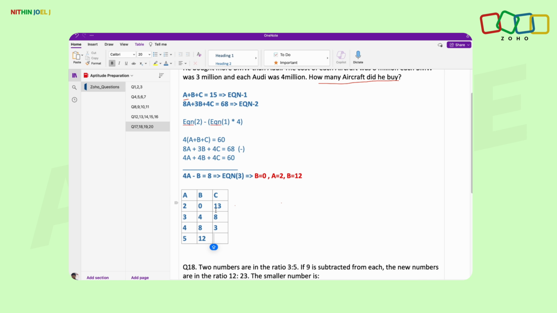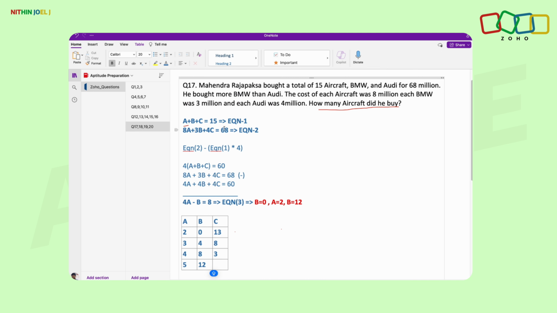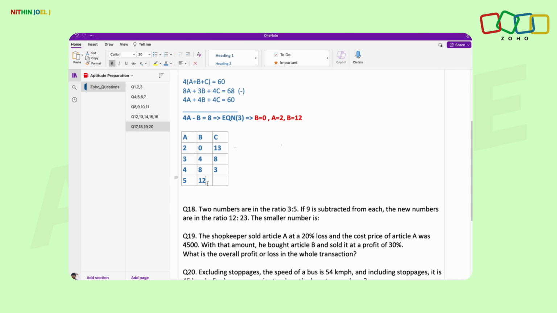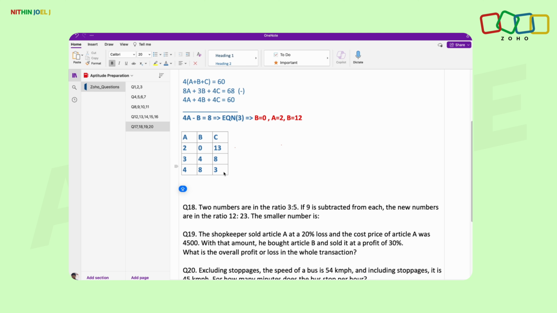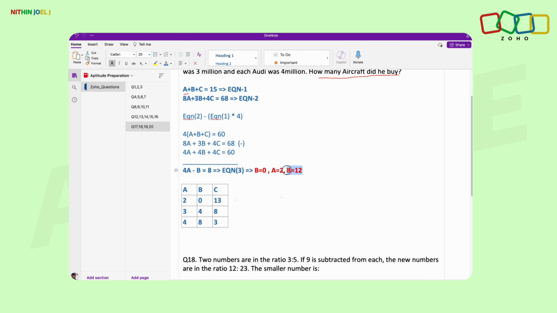But here 12 plus 5 gives an answer which exceeds 15. So we can stop our iteration at the previous step. Since B is equal to 12 gives a value more than 15, we are just stopping over here. So now we have 3 sets of values for A, B and C.